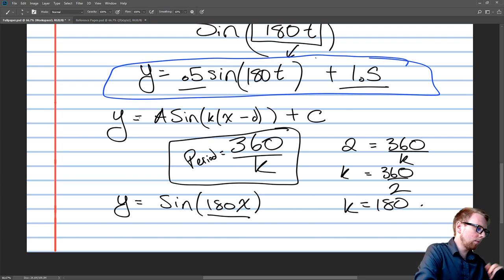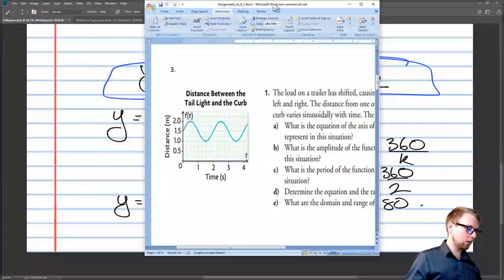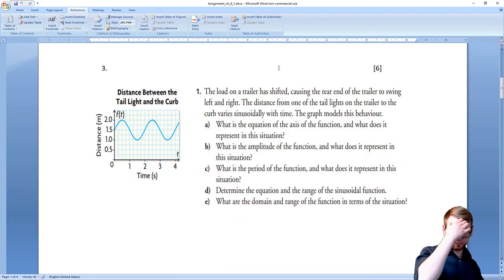And then we have a shift of 1.5. The last part is asking what's the domain and the range in terms of the situation, so we can just get that by looking at the graph.